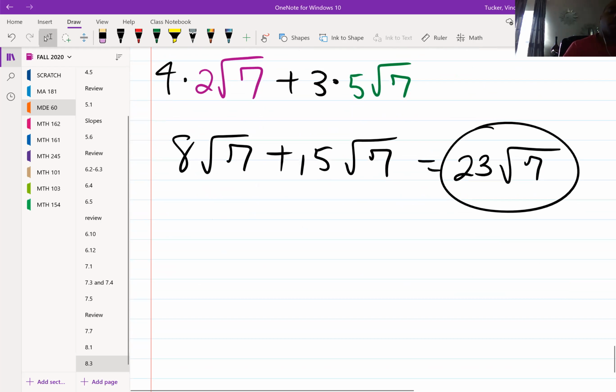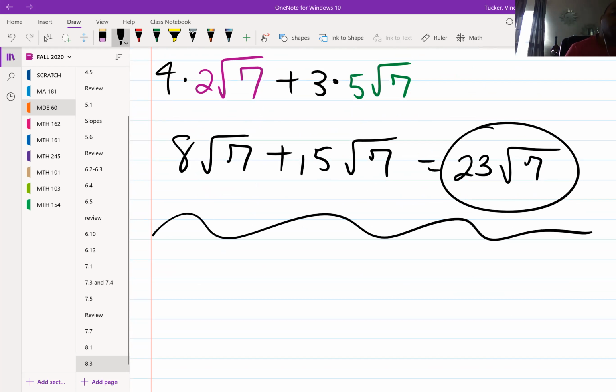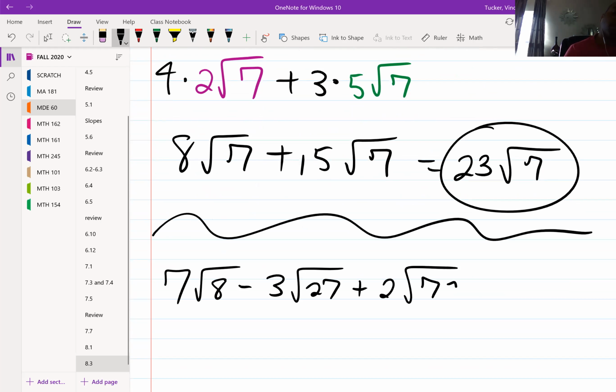All right, let's do another one. So here we have 7 square root of 8 minus 3 square root of 27 plus 2 square root of 72.